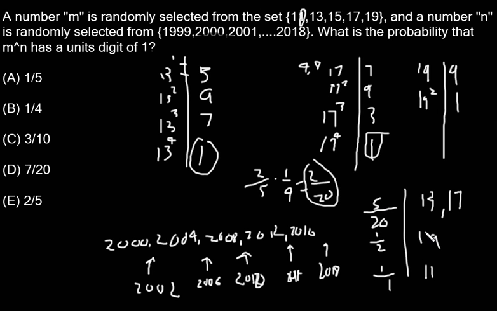And then we have 19. Well, 19 is just 1 out of these 5 elements. So 1 out of 5 times 1/2. 1/2 is any of these even numbers. Equals 1/10, or you can say 2 out of 20 again.